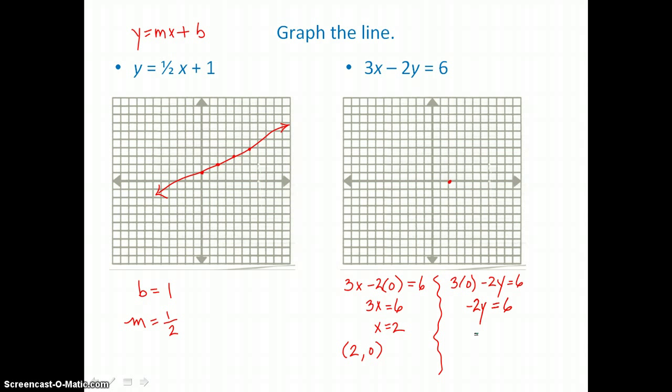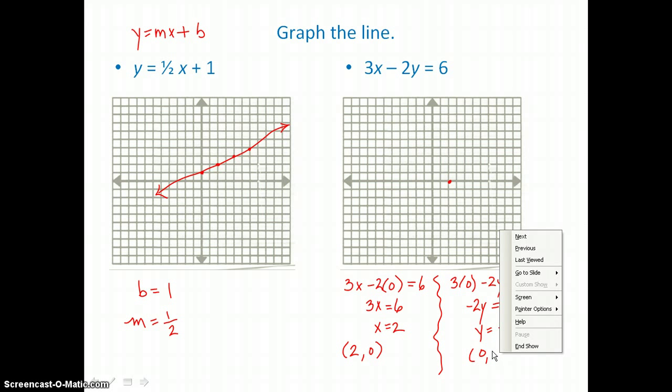And dividing both sides by -2, I find that the y-intercept is -3. So I have the point (0, -3) on the coordinate plane. So graphing (0, -3) on the y-axis. Now I can draw the line that I'm graphing through those 2 points.